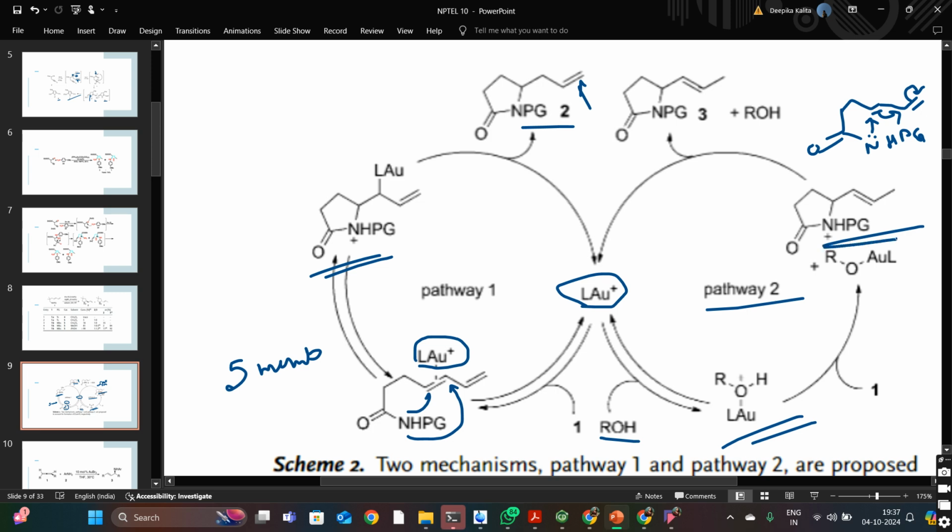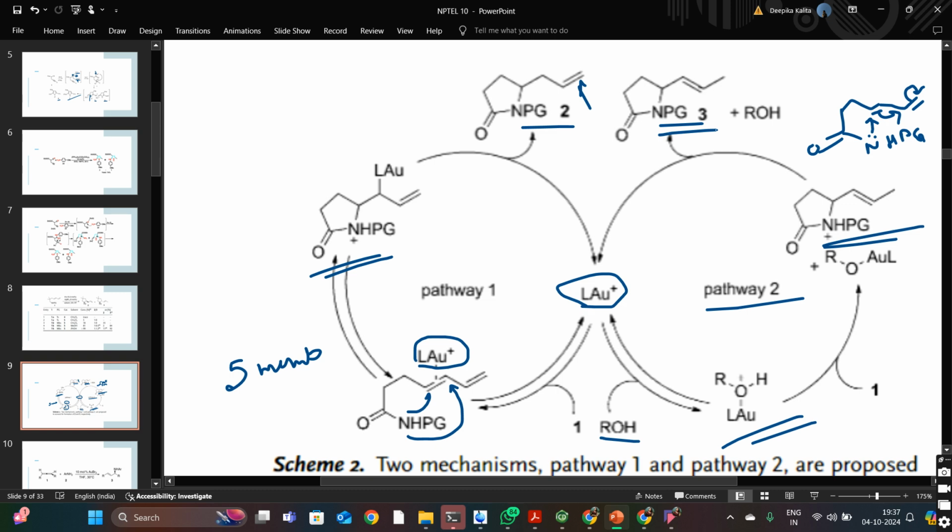Okay, so this is now going to simply get deprotonated to give you this product number 3 after workup. Okay, so this is how you get two different mechanism pathways depending on the solvent that we are going to use in the reaction.